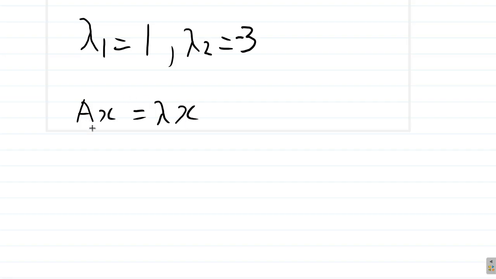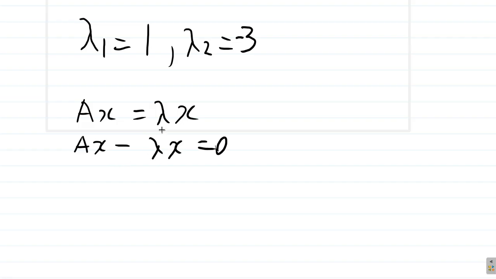So the matrix A times its eigenvector x is equal to the eigenvalue of the matrix, lambda, times its eigenvector x. Alright? So AX minus lambda x equals 0.